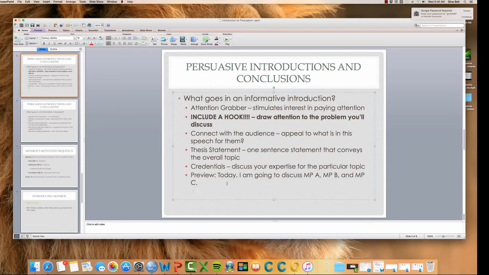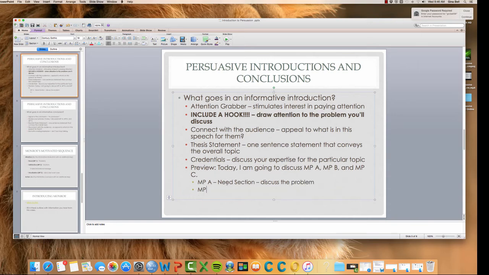So main point A in your persuasive speech is called the need section. And in this section, you discuss the problem. Main point B is called the satisfaction section.